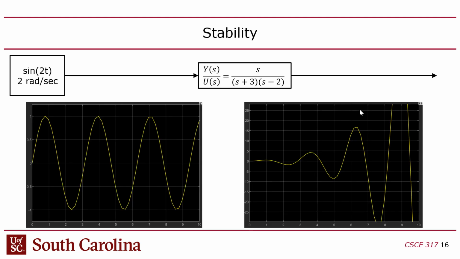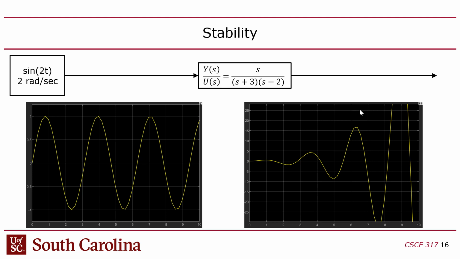Okay, now here's another example. If I'm going to simulate, I might as well hit it with some other stuff. So what happens if I simulate it with a sine wave, sine 2t? Sine 2t is a frequency of 2 radians per second, as opposed to cycles per second.